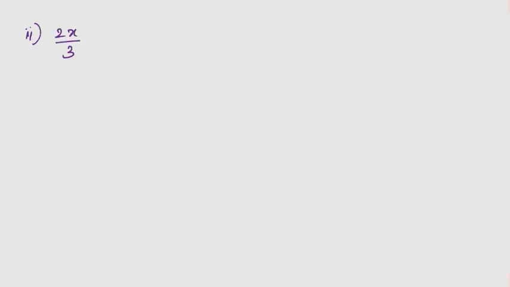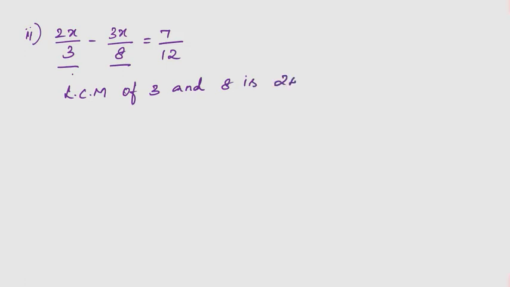Next: 2x by 3 minus 3x by 8 is equal to 7 divided by 12. In this question, all the x terms and the numerical values are on LHS and RHS, so there is no need to interchange. We'll find the LCM of 3 and 8, which is 24.